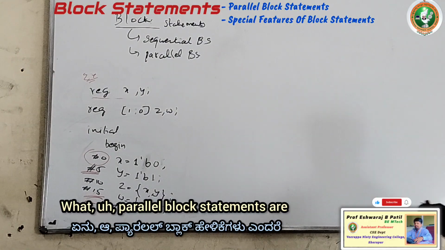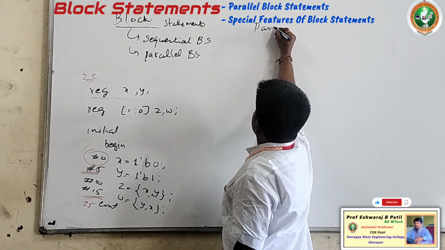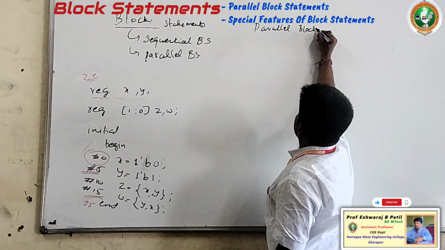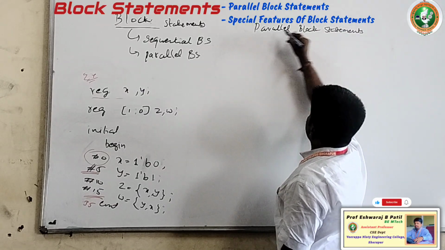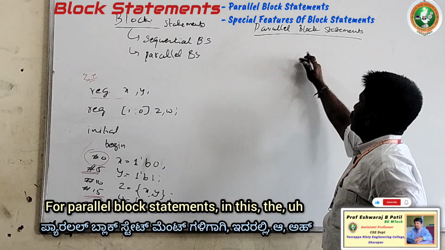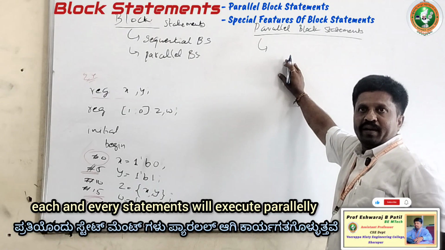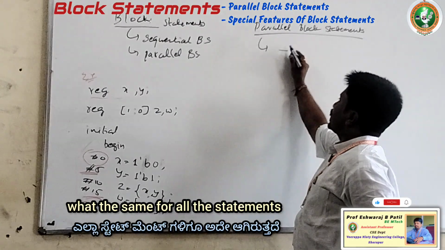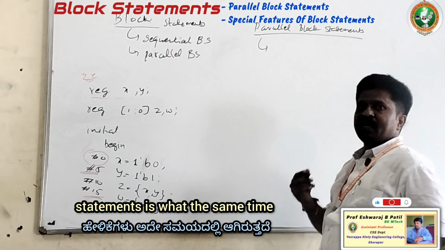What are parallel block statements? In parallel block statements, each and every statement will execute in parallel, at the same time. The start time will be the same for all the statements. The starting of the execution of these statements is at the same time.